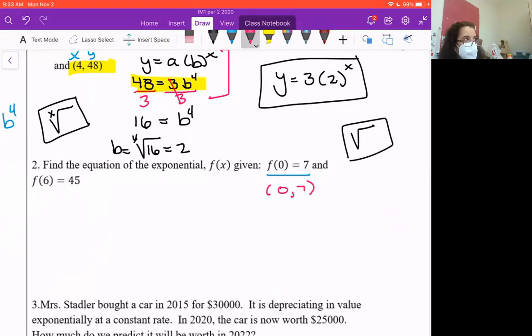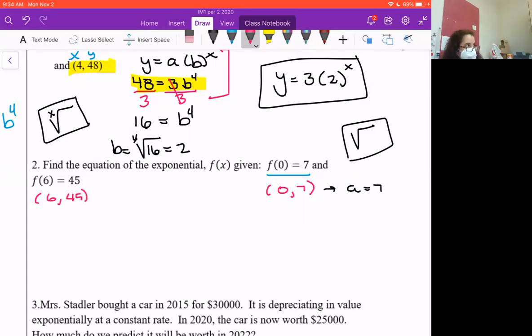F of 0 equals 7 is the same thing as 0, 7, which, hey, that's my y-intercept. So I now know that a is 7. I also know that f of 6 is 45. That means the other point that I'm going to use is 6, 45.